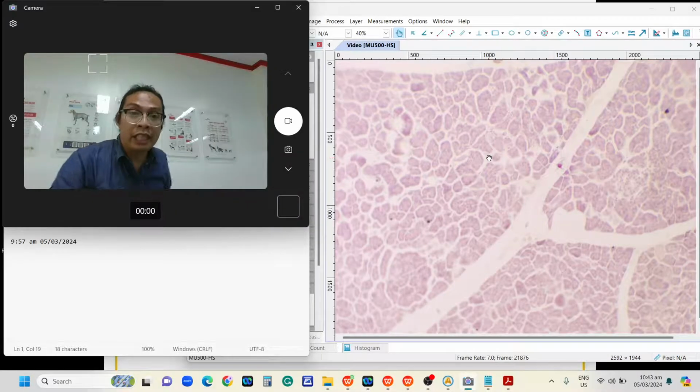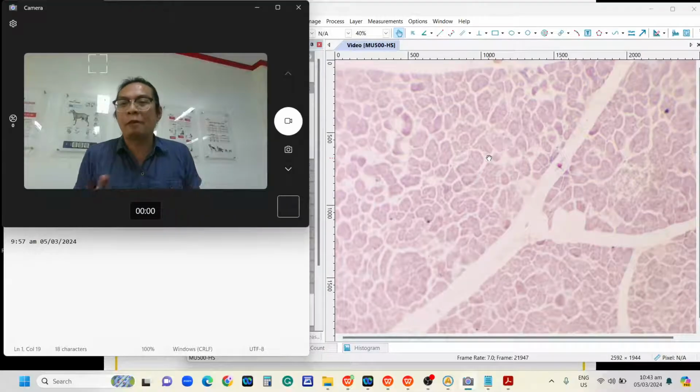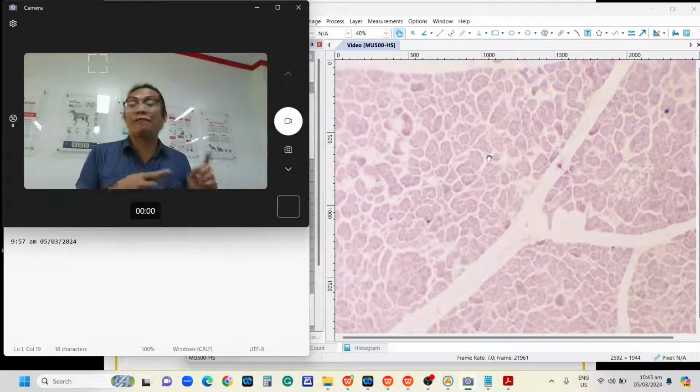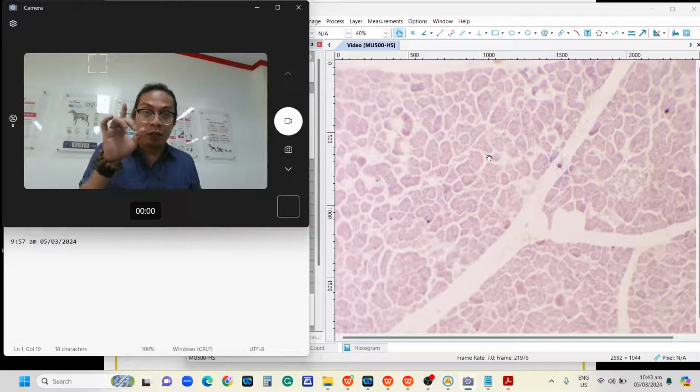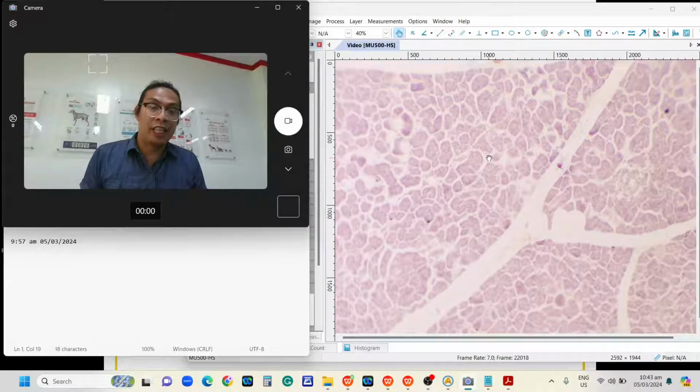So, we can classify adenomeres according to their structure and eventually through their secretion. Right? Because form follows function and function follows form. Okay? So, there are serous adenomeres, mucous adenomeres, and mixed adenomeres.